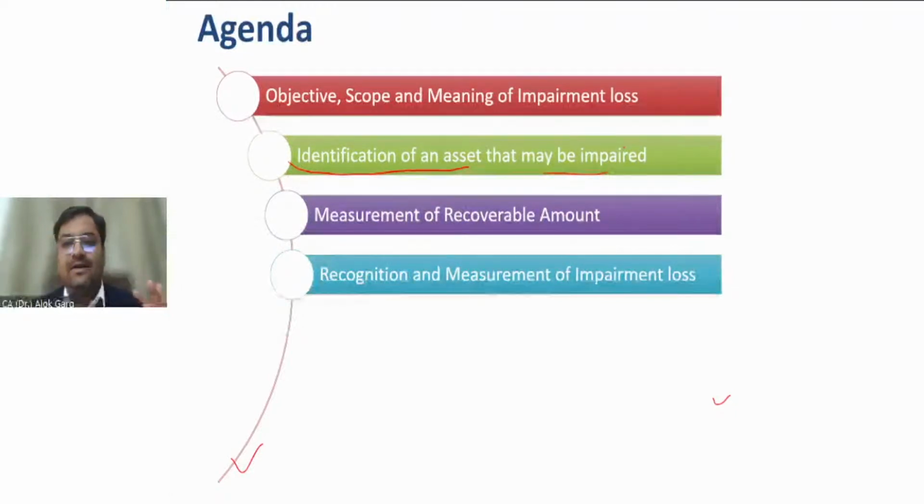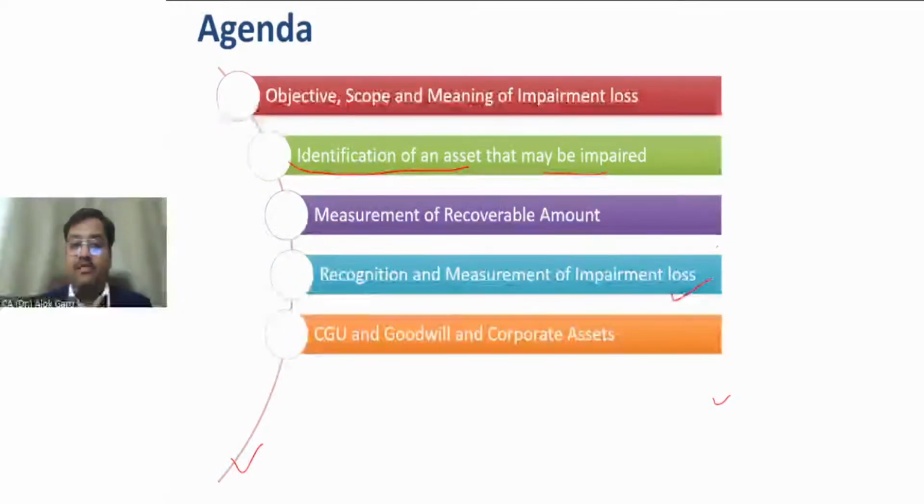Please write down these 4 things. R means recognition, M means measurement, P means presentation, D means disclosure. So we are going to discuss where to recognize impairment loss and how to measure it.